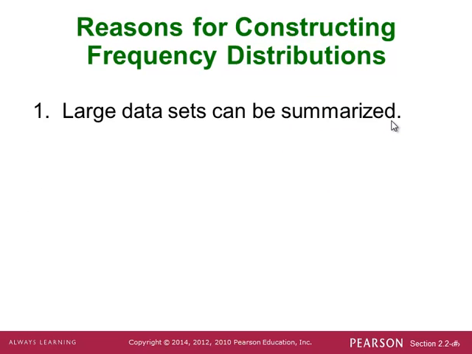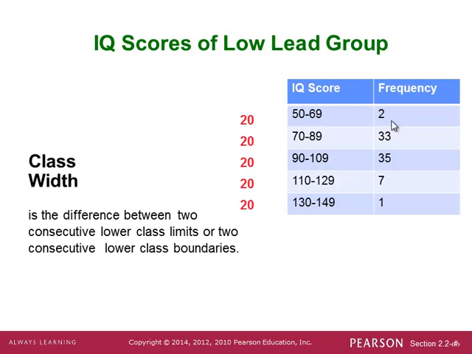So we can summarize large data sets. I would much rather be looking at this than, let's see, how many do we have here? We've got 40, 75. Oh, hold on, let's add these up. 35, 70, 78. I'd rather be looking at this than 78 numbers.